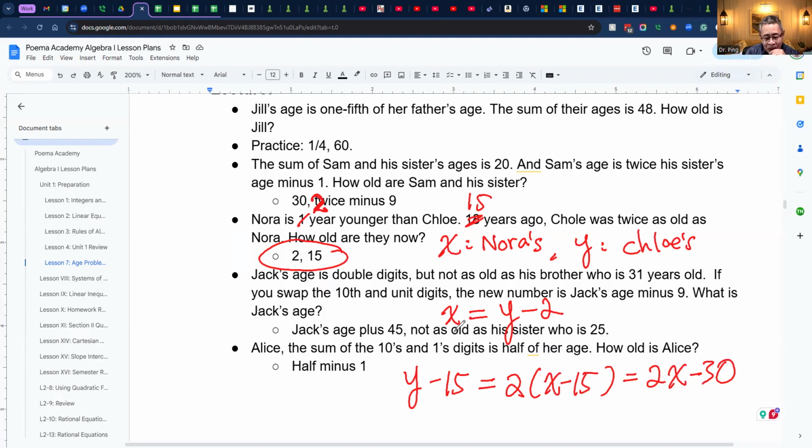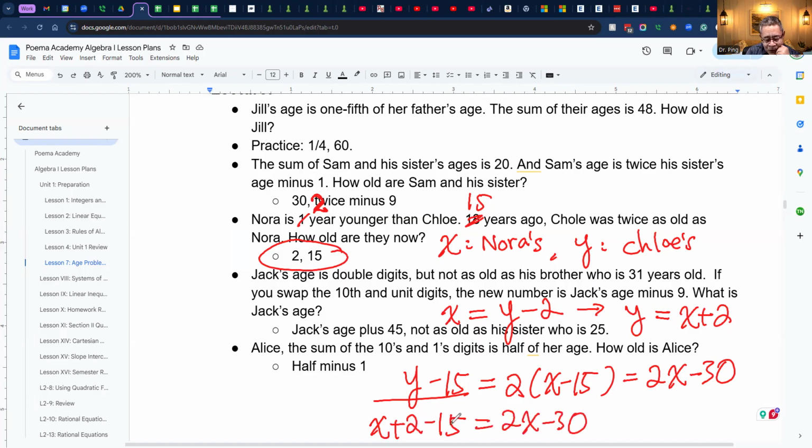Now, based on that, we know y is x plus 2. So we're going to replace y with x. So now the left-hand side is x plus 2 minus 15 equals 2x minus 30.